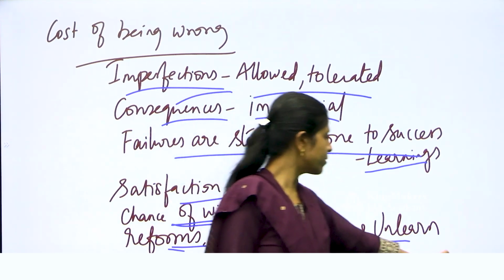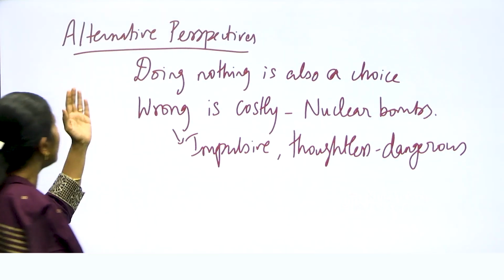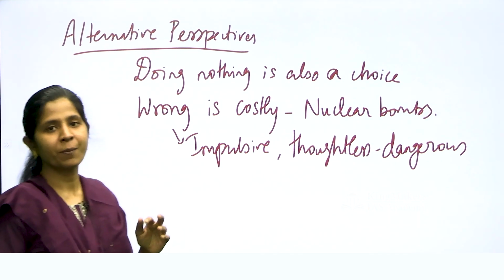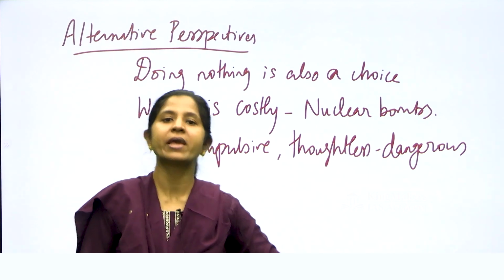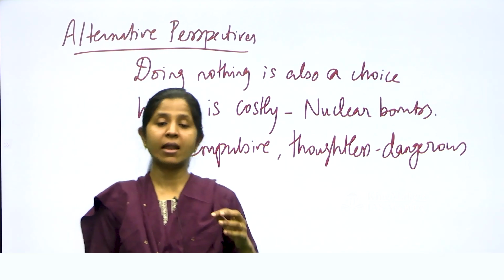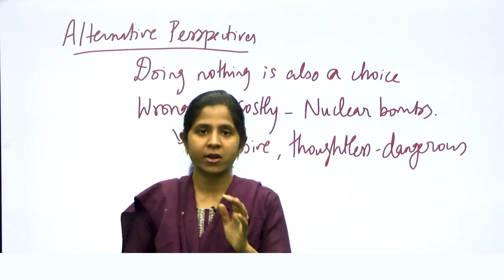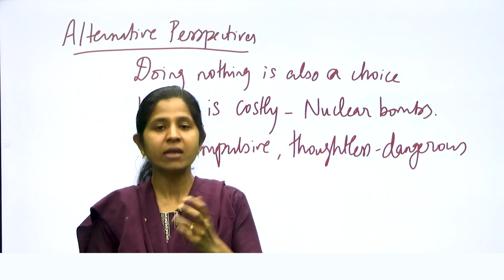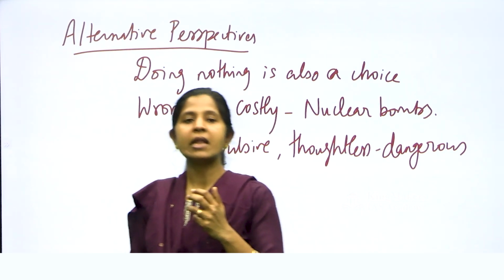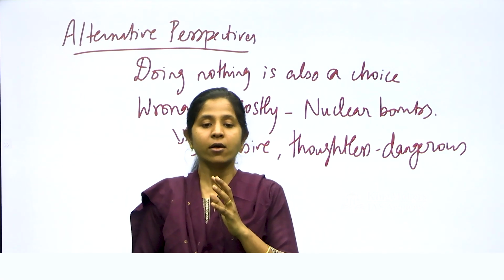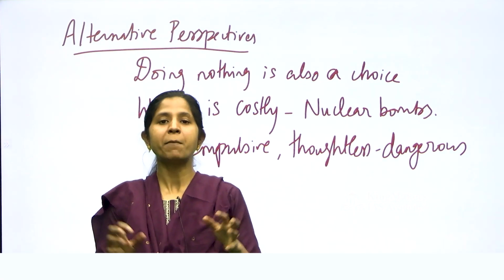So that's very important. An alternative perspective is, yes, you can talk about how doing nothing is also a choice. Sometimes you have to stop doing anything, because there are things that you should not interfere with at all. In the Maldives, if we had not interfered, it would have been a better relationship.